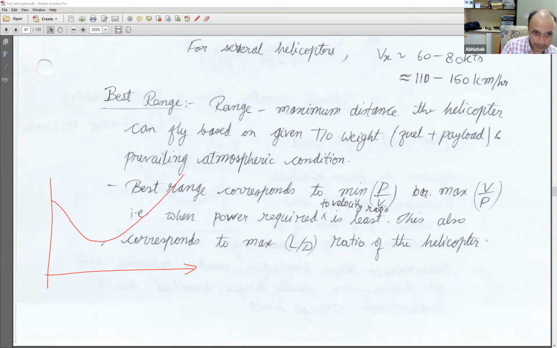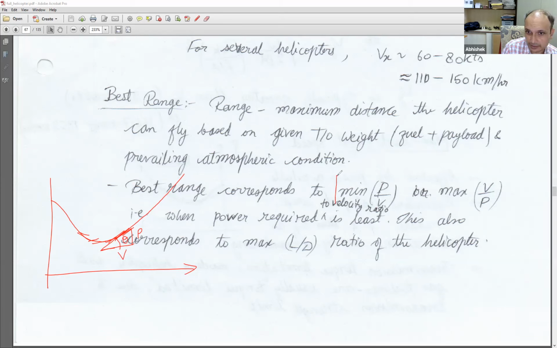Okay. Right. So you can see at every point I can actually make a slope, right? I can make slopes at every point. So I try to find out where my slope is going to be minimum, right? Because if you look at this, this particular angle is P divided by V. And I want this angle to be as small as possible.